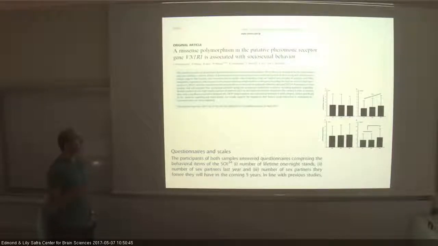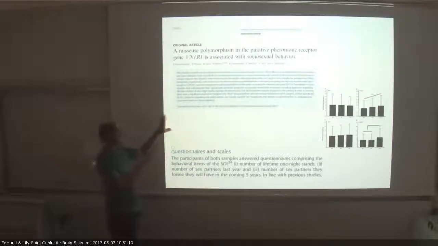People looked at the sequence of this receptor, and they looked at specific polymorphisms. So an amino acid change that supposedly has a functional implication on the function of the receptors. We don't know, of course, what it really does to the receptor, but there is a genetic difference.